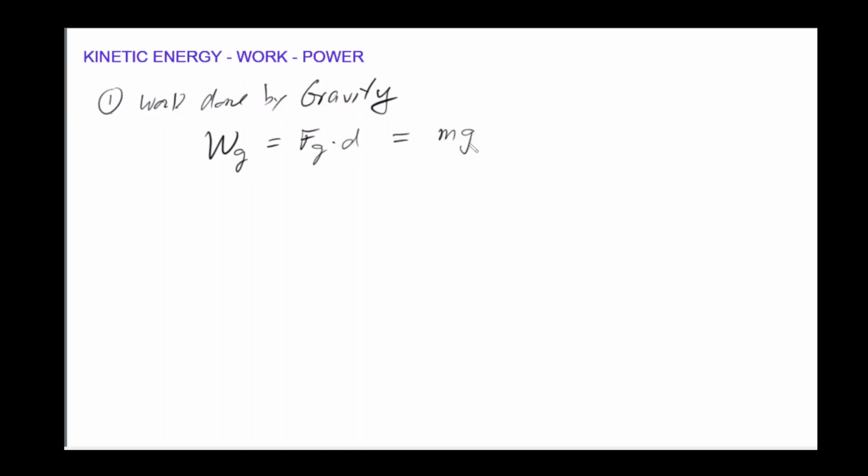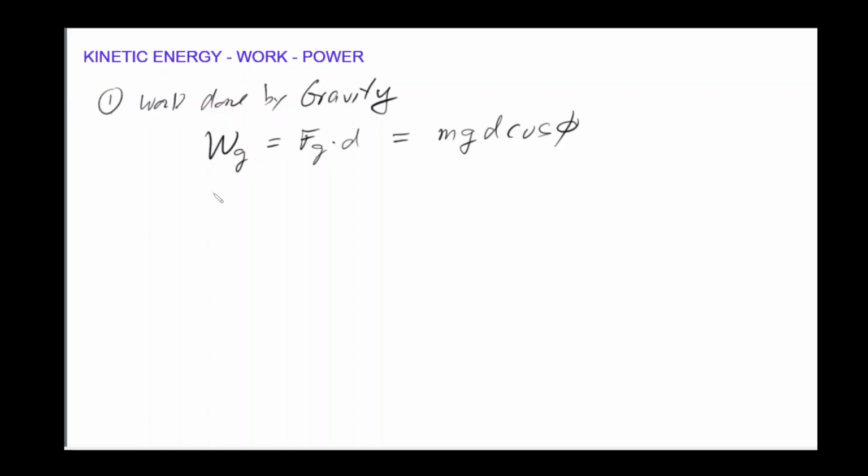Let's look at some specific cases of work. So first we can look at work done by gravity. We call that W sub g, and that's equal to the force of gravity over a distance. And that will be equivalent to the mass times the gravity constant times displacement cosine phi.